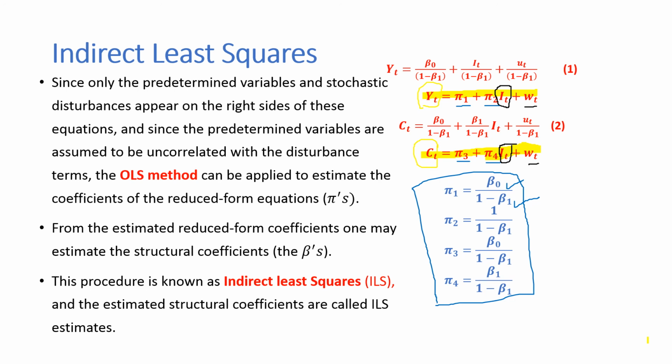So moving to the second step, you just apply the OLS to each equation, and from the OLS you will find the estimated values for the reduced form parameters, which are pi 1, pi 2, pi 3, and pi 4. And then finally, from these values you can solve the equations and find the values of beta naught and beta 1, which are the structural parameters.